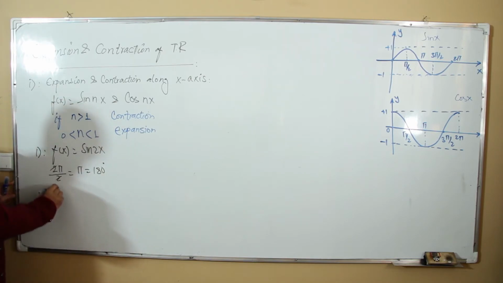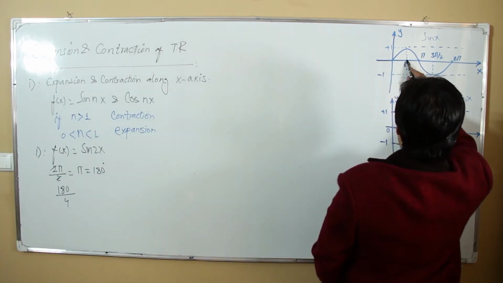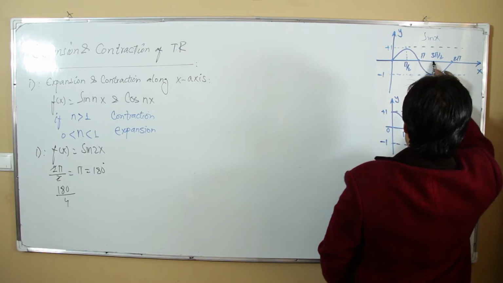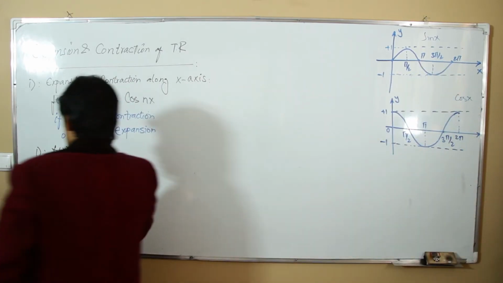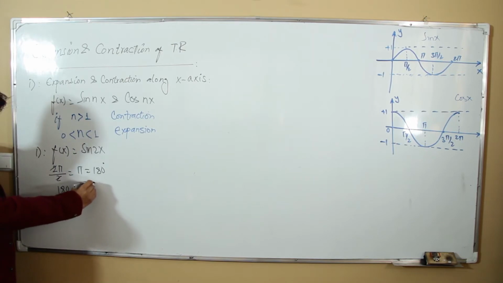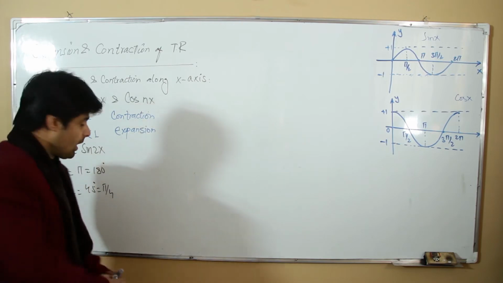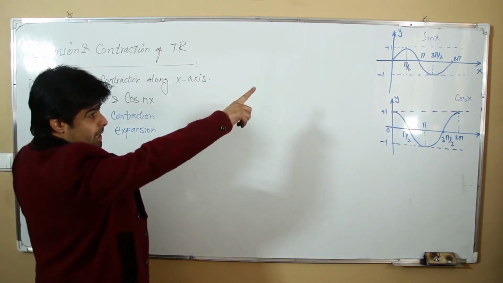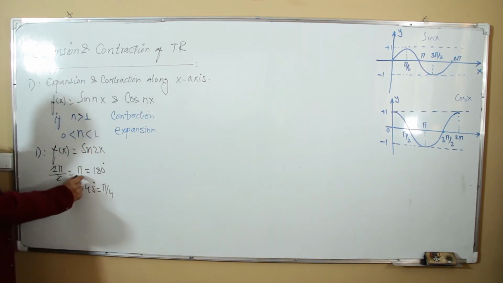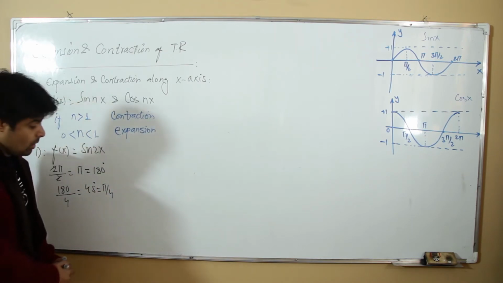Then divide 180 by 4. Why? Because we have to define these 4 points: first, second, third, and fourth. So 180 divided by 4 is 45, or we can say pi divided by 4. It means now you have to draw the sine x in 180, and every point should be pi divided by 4. What do I mean?